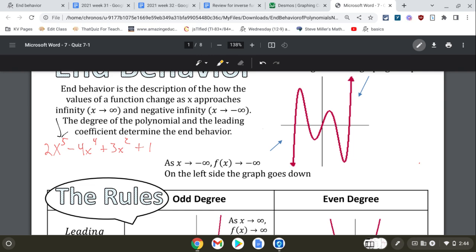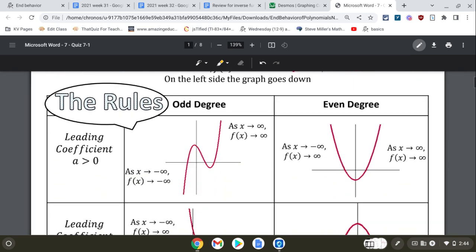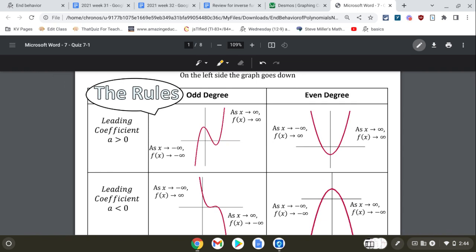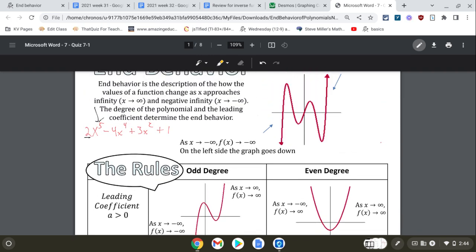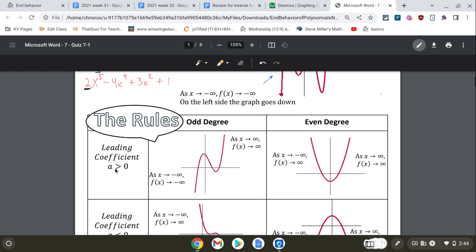So this is a degree 5, so I know it's going to be an odd degree polynomial because 5 is an odd number. So I know it's going to either look like this one or this one when I go to graph it. But the leading coefficient is that coefficient that's attached to that 5th degree term, right? And since it's positive, since it is greater than 0, that tells me that the general shape of the graph is going to look like this one. And so that gives me enough information to tell what the end behavior is.